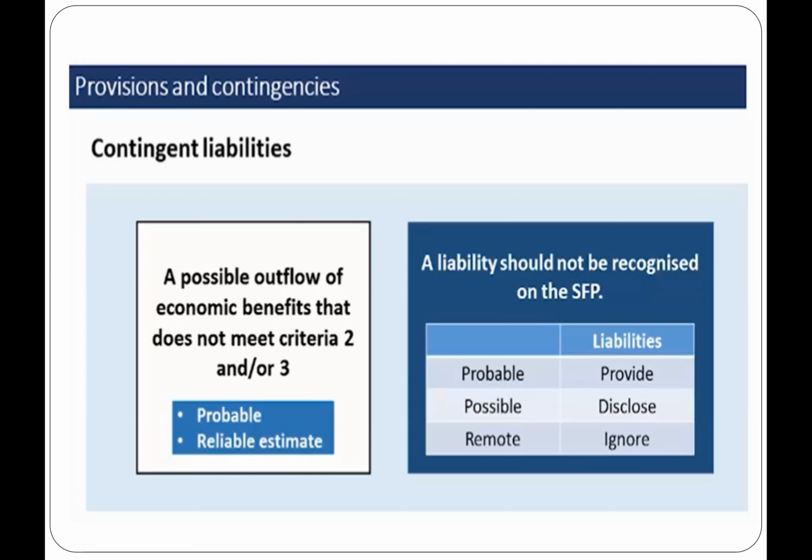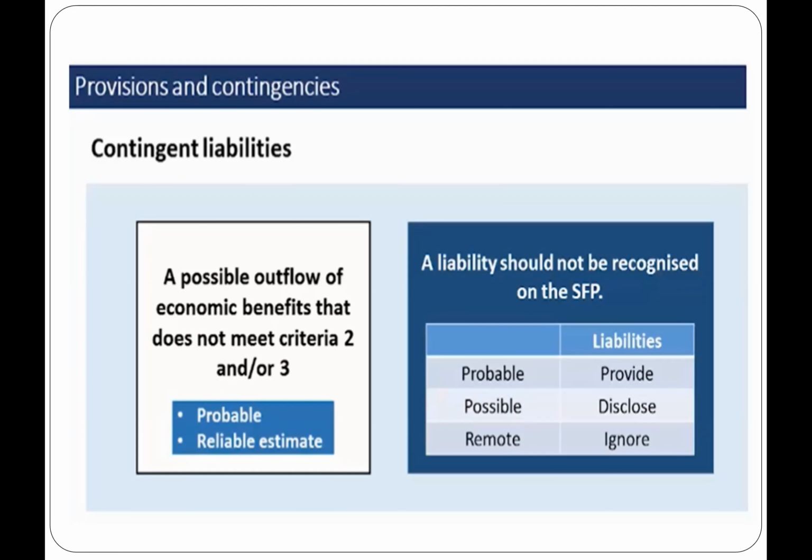Now, when it comes to probability, you will see that I wrote a possible outflow as opposed to a probable outflow, because as long as the outflow becomes probable, it means we need to make a provision. So if it's probable, which means it's more than 50%, we make a provision.